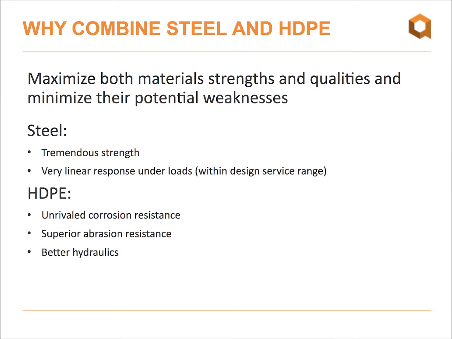On the other side of the coin, HDPE is one of the most stable thermoplastics available in the marketplace. So we know it offers unrivaled corrosion resistance. It has superior abrasion resistance, and it's got one of the best hydraulic properties of all pipe materials out there. So we want to maximize the strengths of both products and minimize the potential weaknesses.